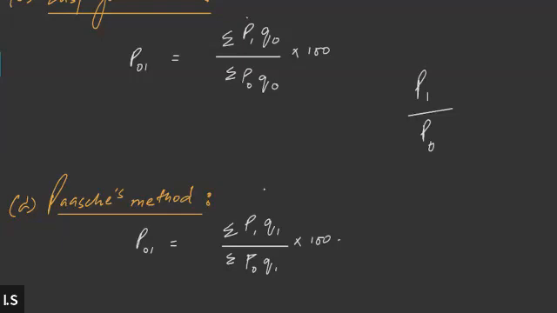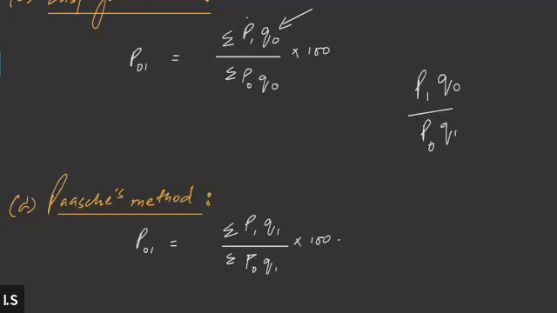Now let's talk about the Laspeyres method. Laspeyres was an economist and statistician who gave more importance to the base year quantity to construct the index number. Therefore, he multiplied P1 with the base year quantity Q0, and he multiplied with Q0 in the numerator as well as in the denominator.